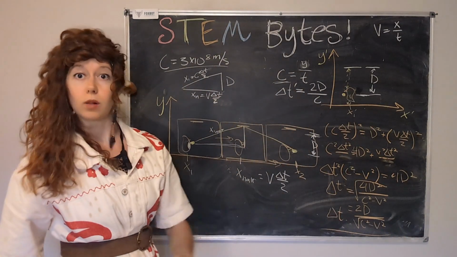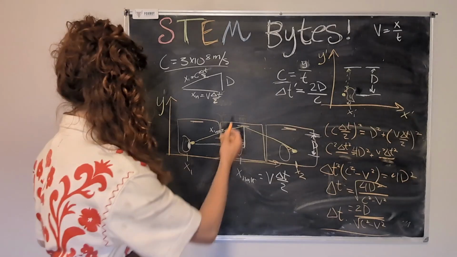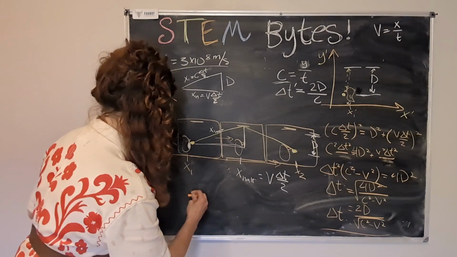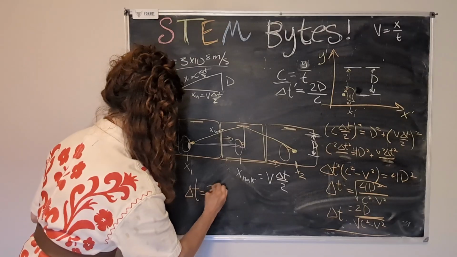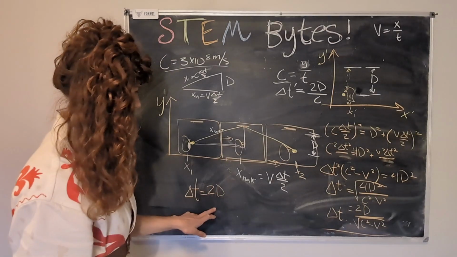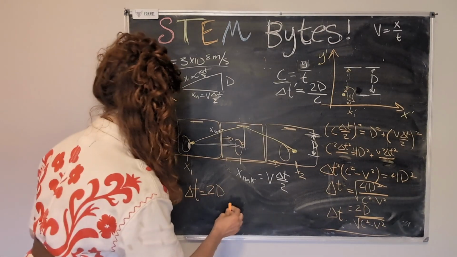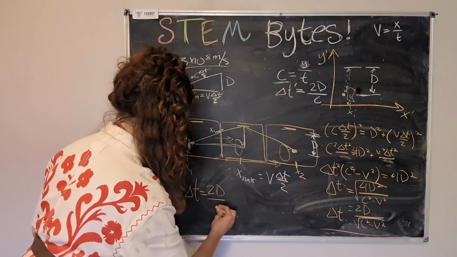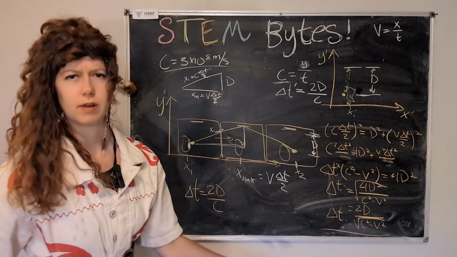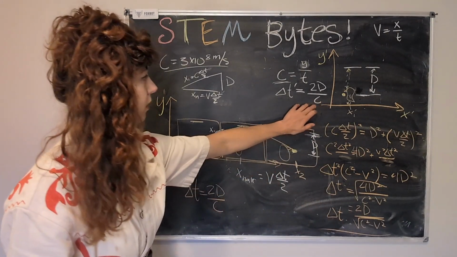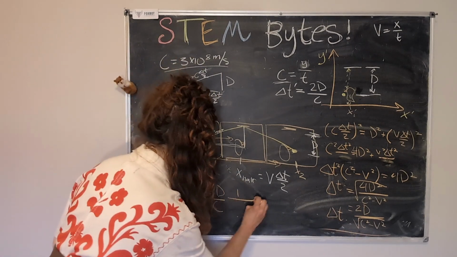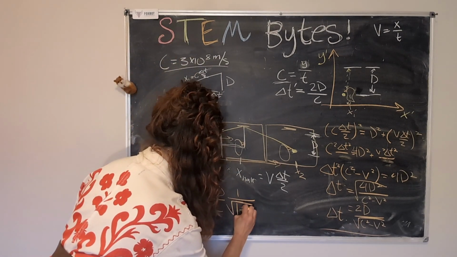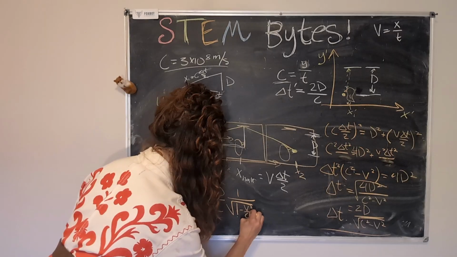We can write it in a simpler form, which would give us delta t equals 2d over c. Well, I should say we want to do a comparison. So if we pull out a factor of c squared, then we get 1 over root 1 minus v squared over c squared.